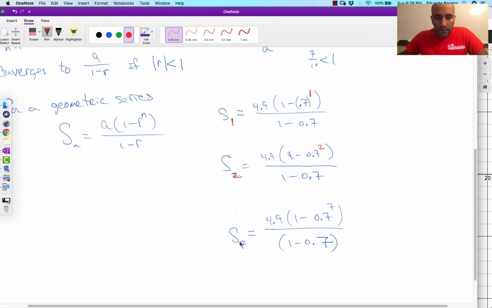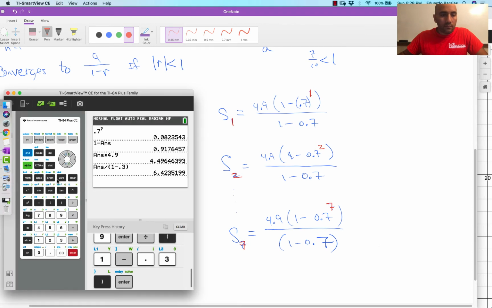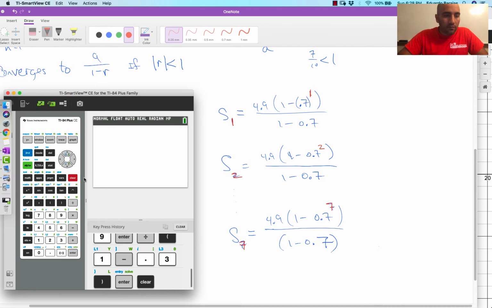Okay, so let's now use our calculator to figure out what this is. This is 7 there, right? Just matching the pattern. I just arbitrarily picked 7 so that we can confirm once we do it on Desmos that we get the same answer. So let's go to our calculator. All right, let's start with the decimal. I'm going to start with 0.7 to the power of 7.